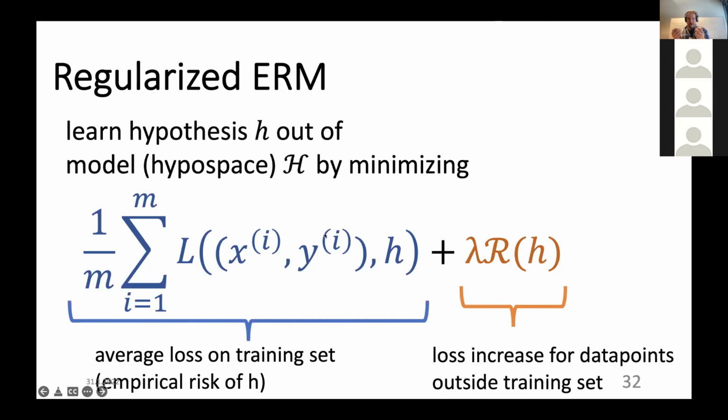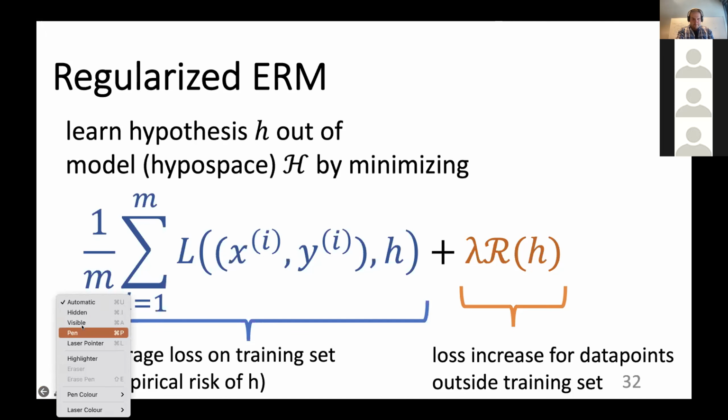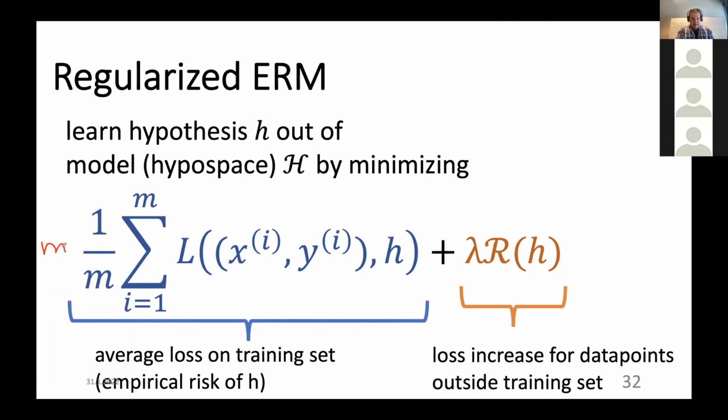And we are not doing it the hard way, by reducing the hypothesis space. So we always minimize this over all the hypotheses in a hypothesis space. So the hard way would be to make this hypothesis space smaller, to prune it.